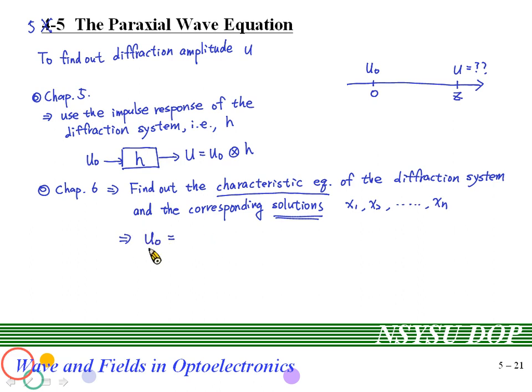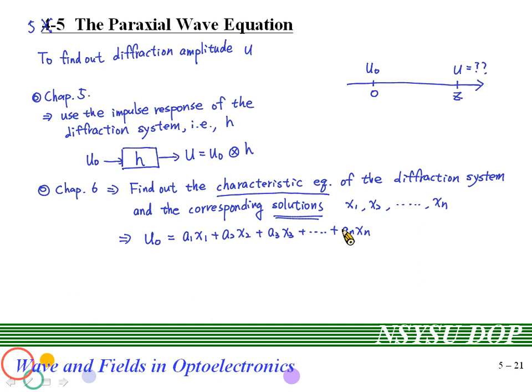So U0 can be written as A1x1 plus A2x2 plus A3x3 and so on up to ANxn, where A1, A2, and AN are the corresponding weighting factors.